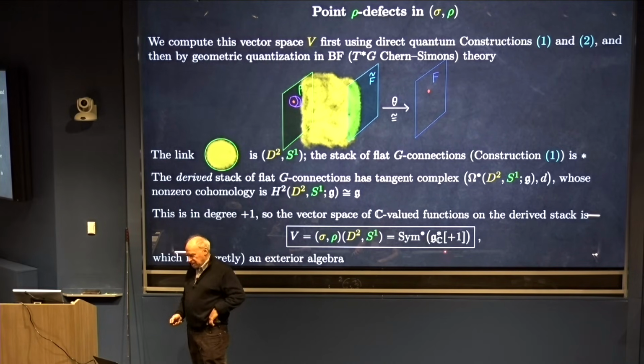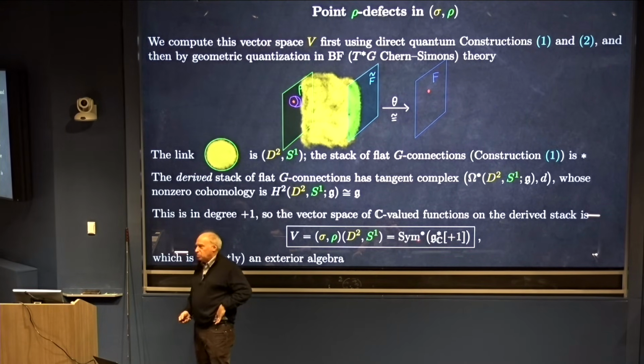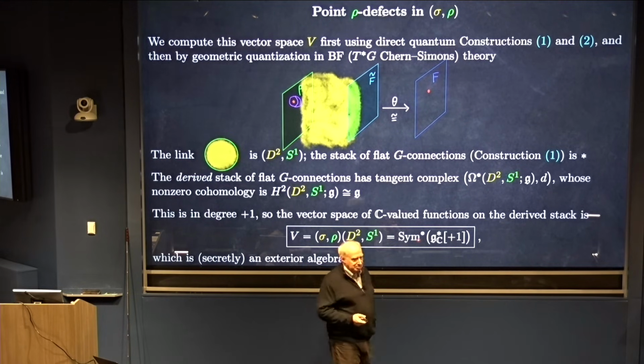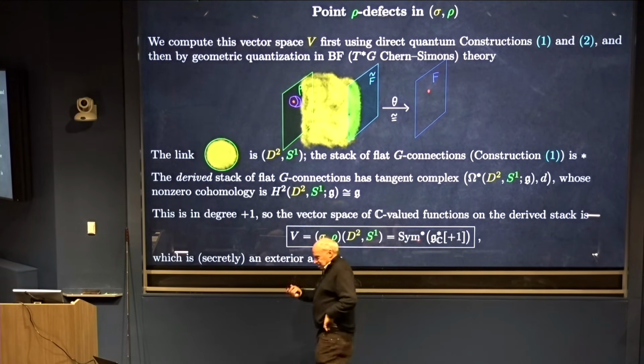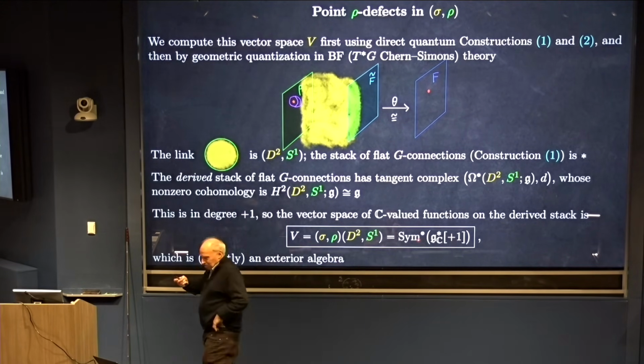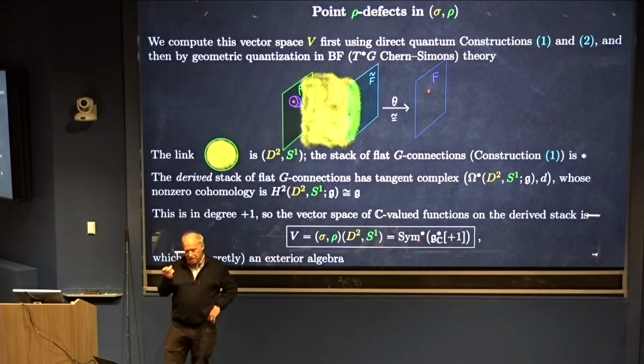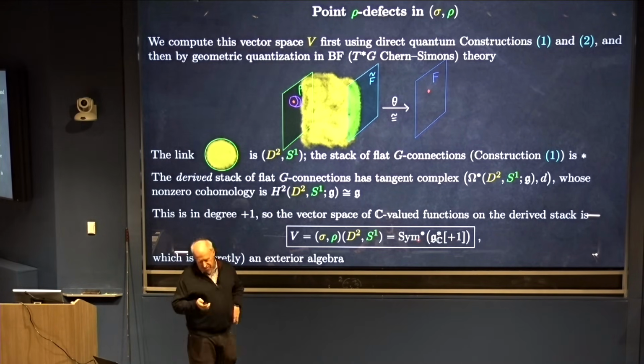We're taking complex functions, and that now is in degree -1 to take the dual. So what we get is the symmetric algebra on this, but this is in odd degree, so the symmetric algebra with the Koszul signs is secretly an exterior algebra. So we get Sym^0, which is what we saw before for a finite group, but now we get these derived pieces as well.